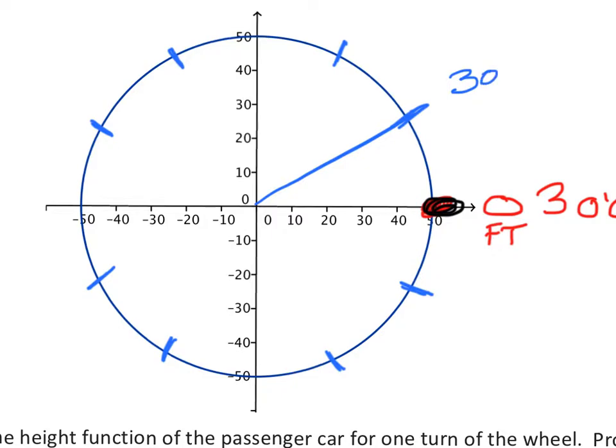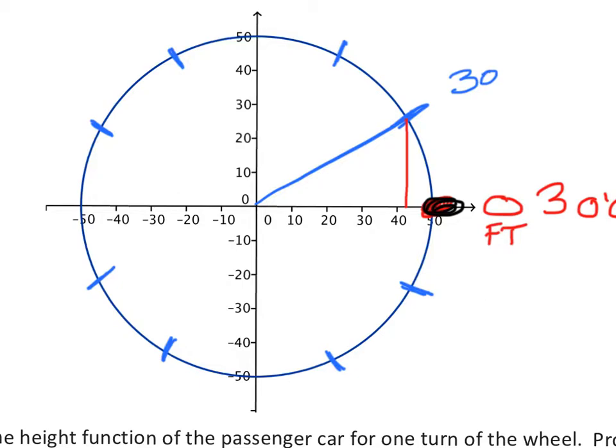So at 30 degrees, what is the height? Approximately. You don't have to get too into it. Just an estimation. Mine looks like it's about 42.